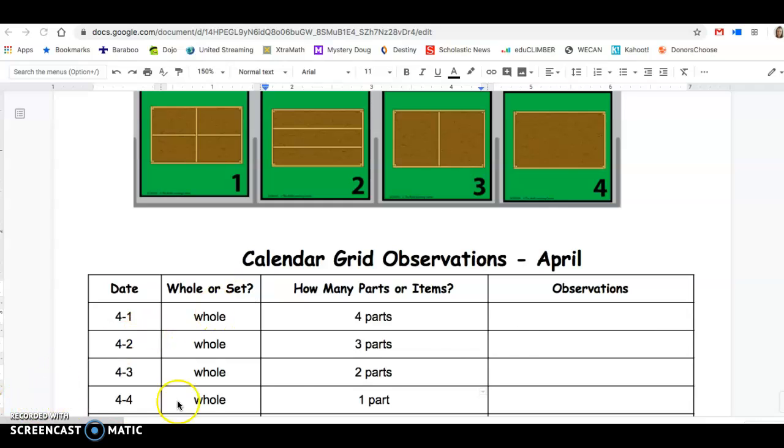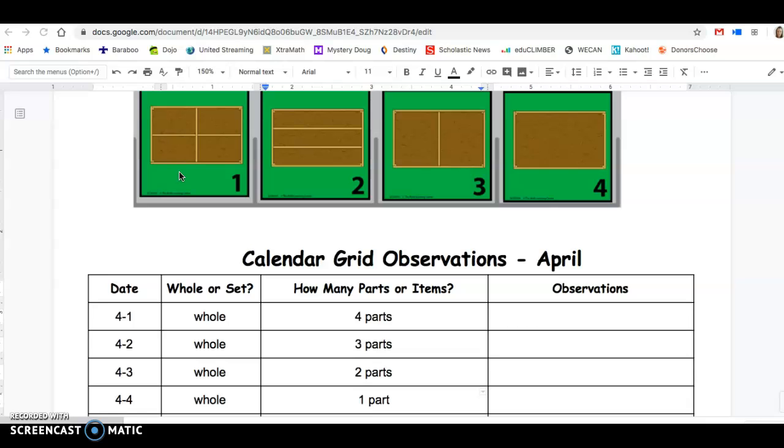Last but not least, let's look at our very last column right here on our calendar grid observations chart called observations. So on calendar marker number 1, this one right here, what are some things that you notice about it? We can either write down our observations or we can write down equations.